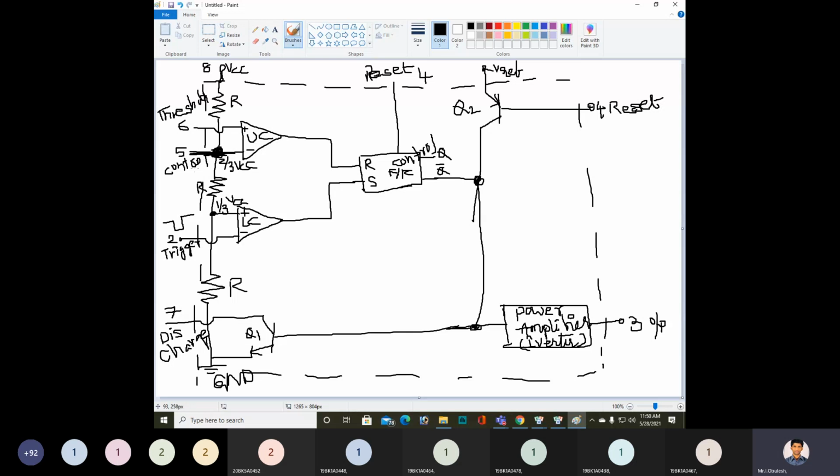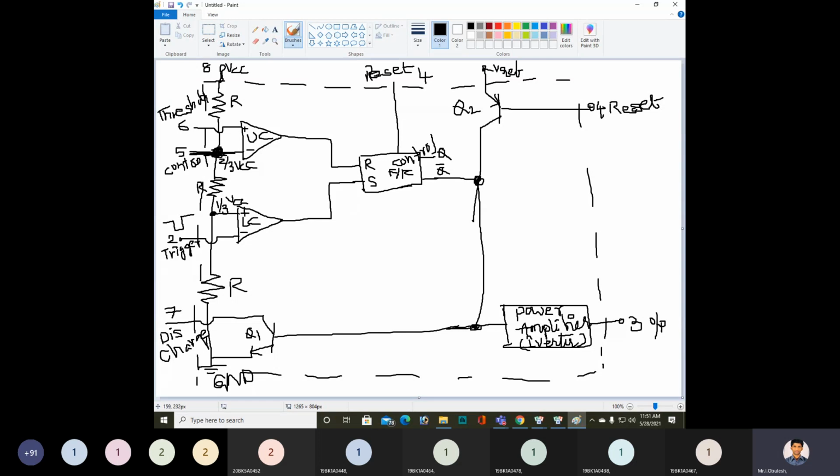The voltage at the negative terminal of the upper comparator is 2 by 3 VCC, as we just discussed, the reference voltage. Whenever the control voltage is greater than 2 by 3 VCC, what will happen?